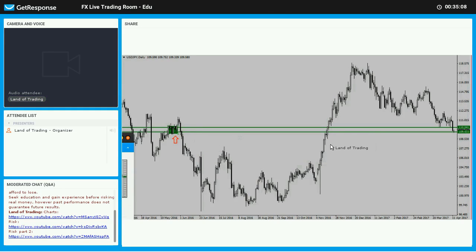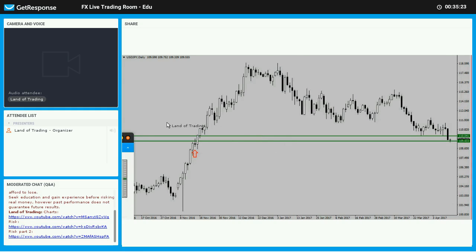But to be honest with you, for me, this tiny candle here.